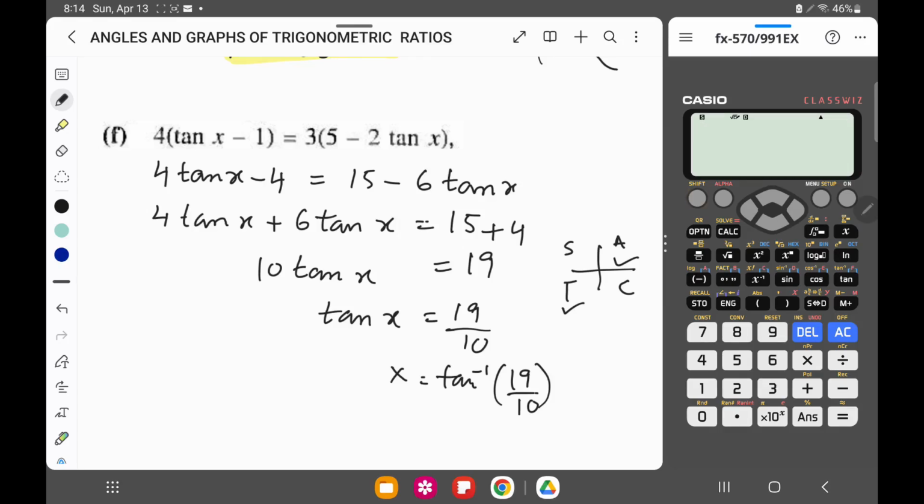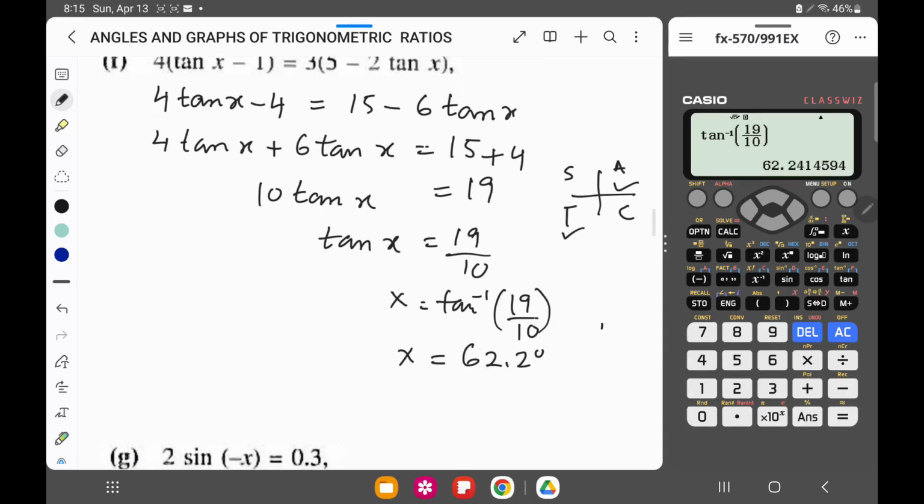So tan inverse 19 over 10, 19 upon 10, close the bracket. That is equal to 62.24, meaning 62.2 degrees. So the first answer is 62.2 degrees because it's in the first quadrant.